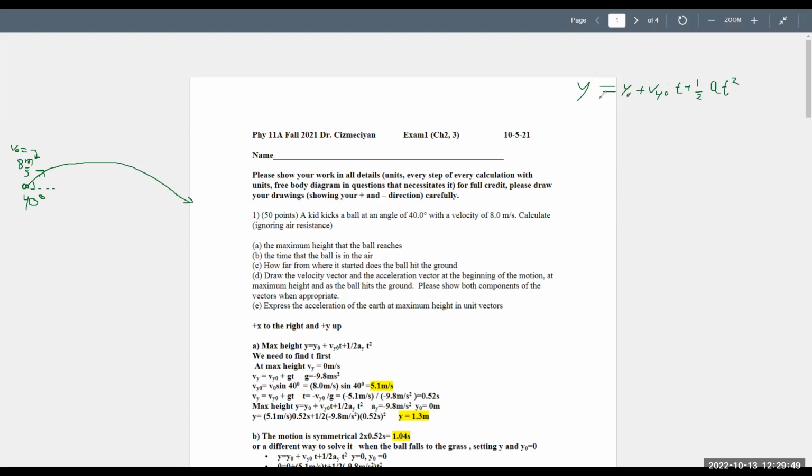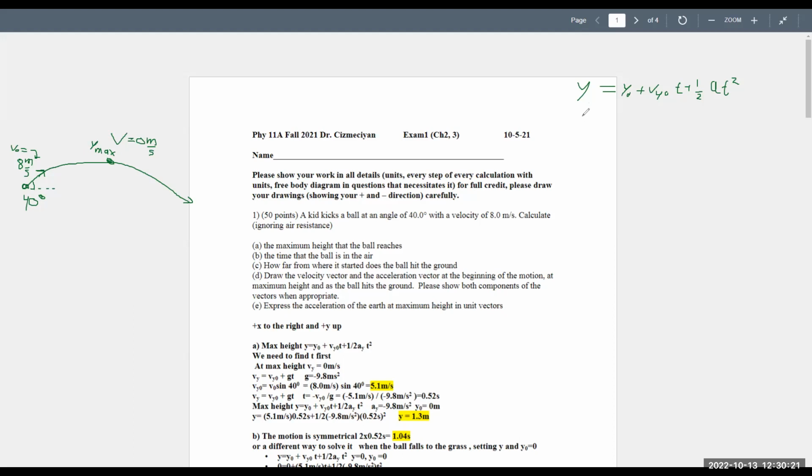Theoretically, you could use this one to solve for your y maximum when you're at the top. So remember at the top here, you have v is equal to 0 meters per second, because it has to slow down and stop before it can start coming back down. And this is also your max height. Because if you're going up and then you stop going up and start going down, that's the highest you're ever going to go.